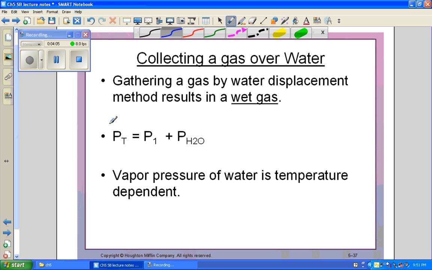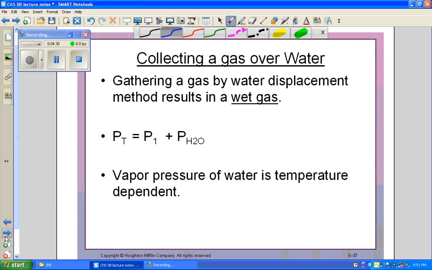They're evaporating and also collecting in the space where you are collecting the gas. So you're going to have a vapor pressure of the water along with the pressure of the gas that you are collecting. It's going to be temperature dependent because if there's a higher temperature, the molecules are going to move faster and you're going to create more pressure within the walls of the container.